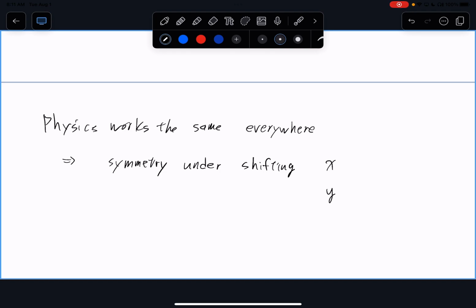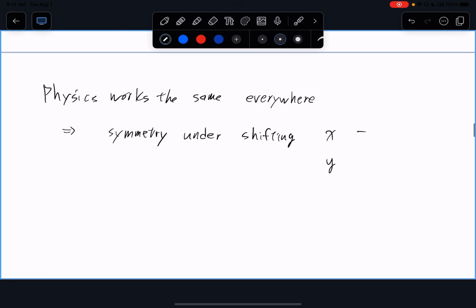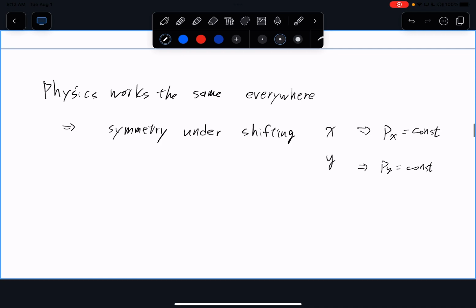Because physics law should work the same everywhere, we don't need to go to Newton's law. Just by knowing that we are doing physics, we for sure know that we will have conservation of x momentum and y momentum. This conservation law does not come from Newton's law.